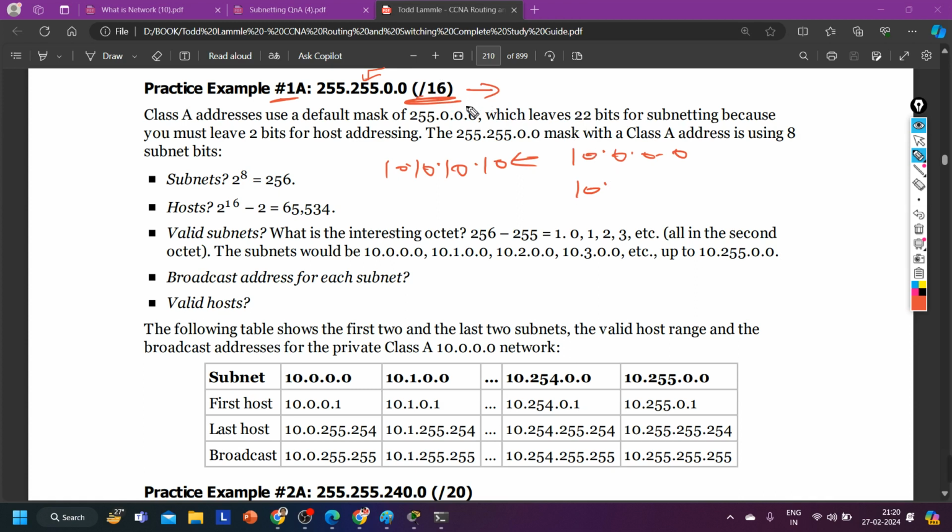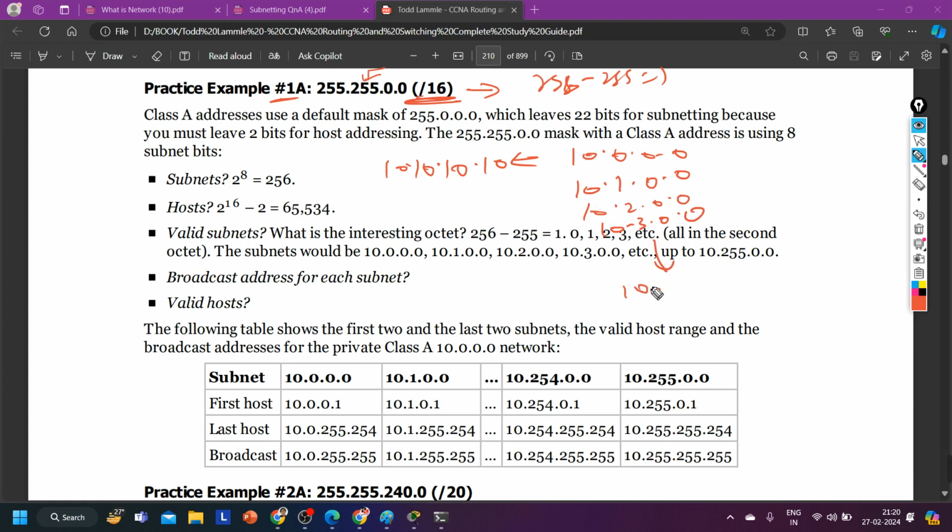Next network. 16 means, guys, subnet mask 255.255.0.0. Then what will the block size be? 256 minus 255 gives block size 1. That means the next network is 10.1.0.0, right? Then 10.2.0.0, 10.3.0.0.